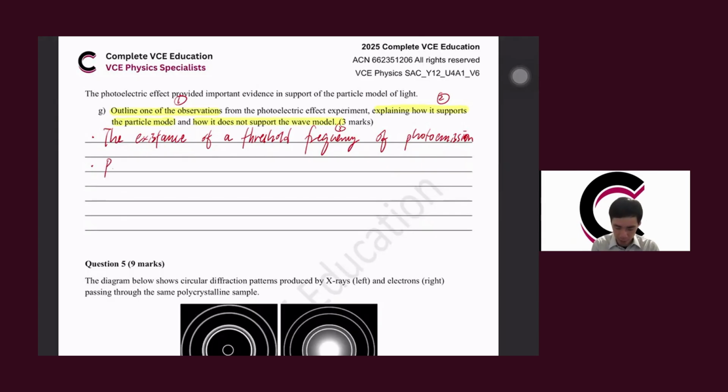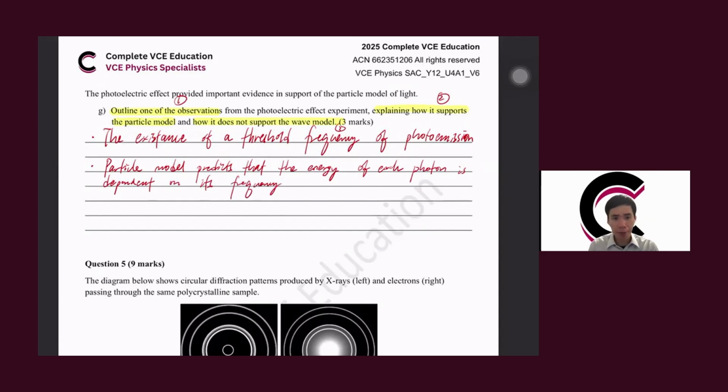Particle model predicts that the energy of each photon is dependent on its frequency.